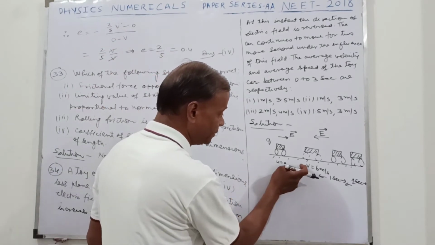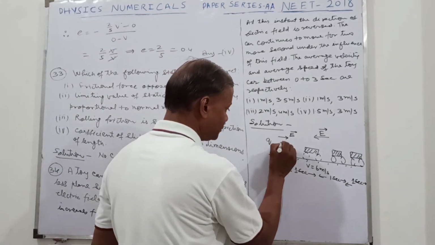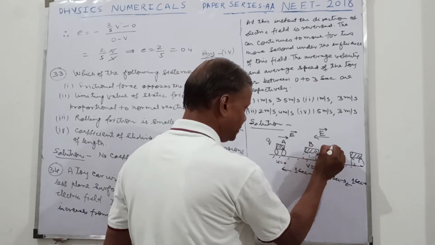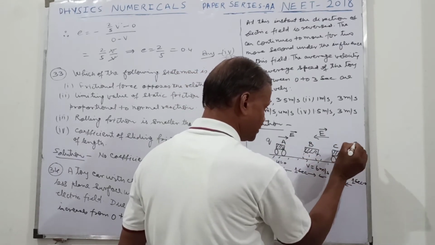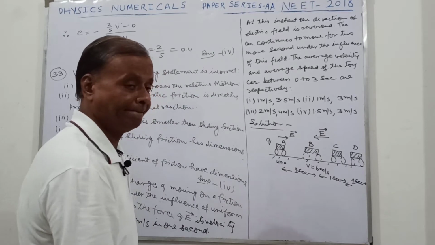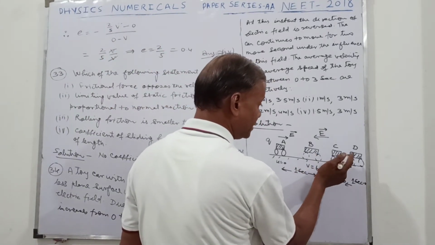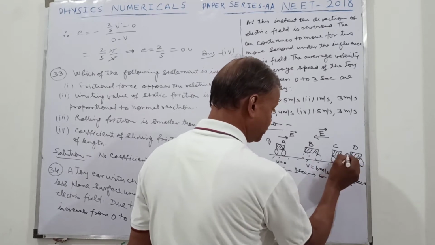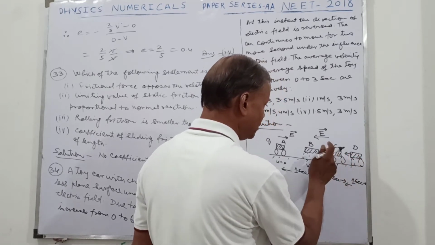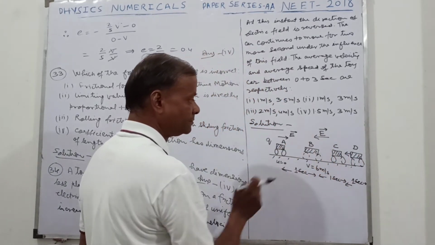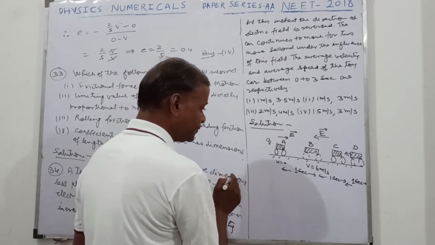From here, this is position A, this is position B, this is position C, this is position D. And when it is in this way, this car moves opposite to this one in this direction because of this electric field.